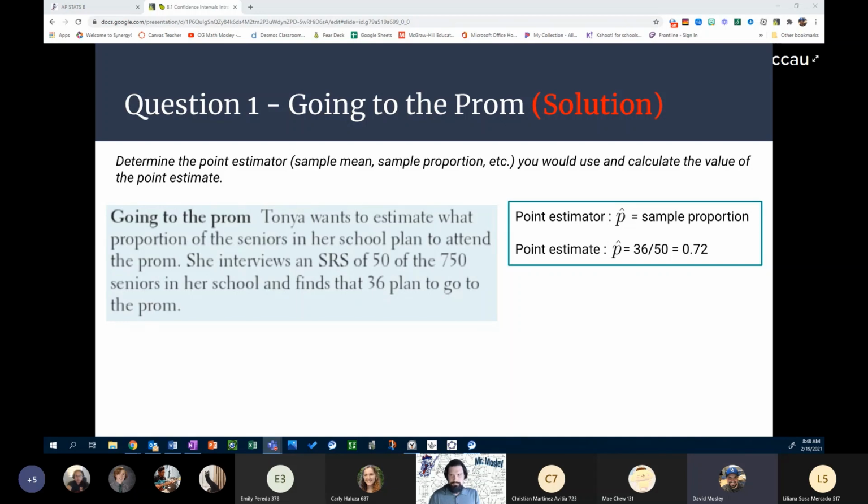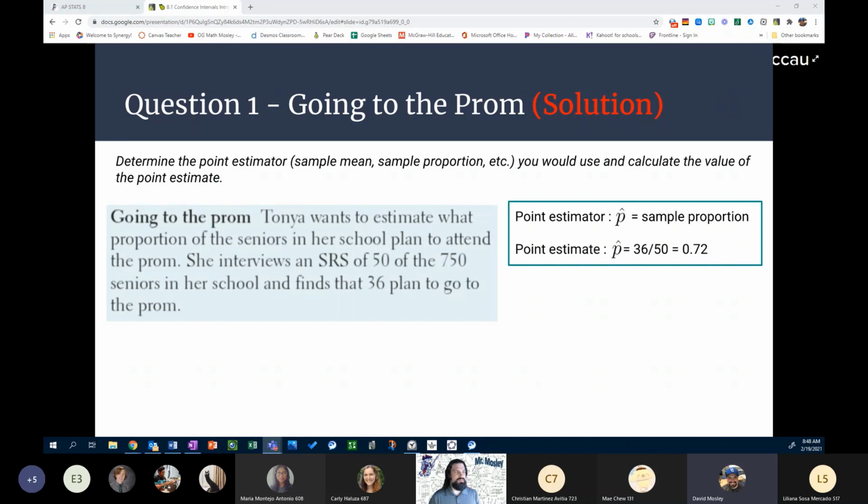Wait, I'm sorry. How come you didn't use the 750? We don't need it to calculate the sample proportion, is the short answer. It would become involved if we were moving on to then find the sampling distribution of the sample proportions.